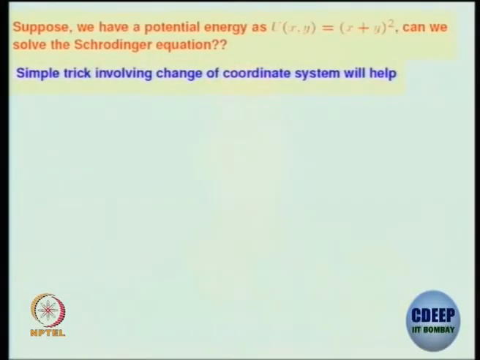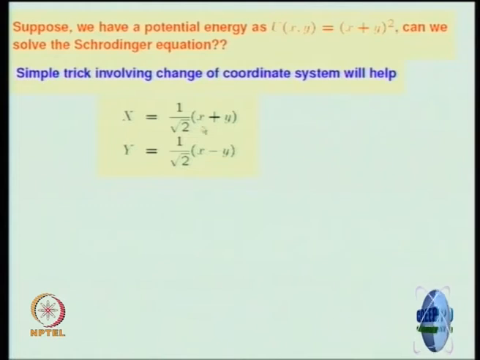So the simple trick involves changing the coordinate system: write capital X as x plus y, and then write the other coordinate which is orthogonal to this coordinate. If this is rotated by 45 degrees clockwise, you know what I mean, then the two orthogonal coordinates have to be of this type.